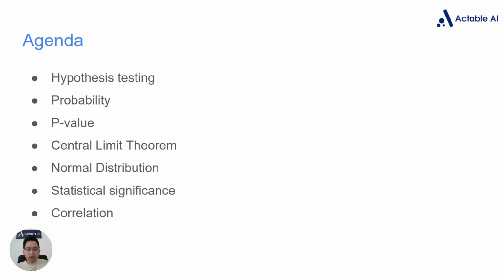Then I will discuss how it works and the law of large data, which is the central limit theorem, and what normal distribution, statistical significance and correlations are. At the end of the class I will show a few examples of how one can use our app, Actable AI, to run correlations with different data sets.